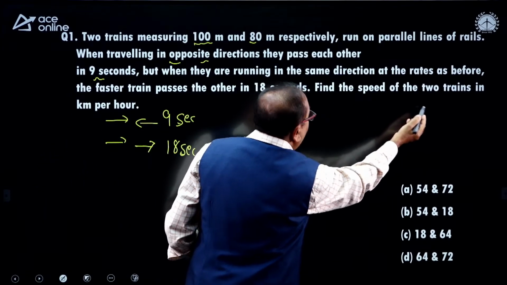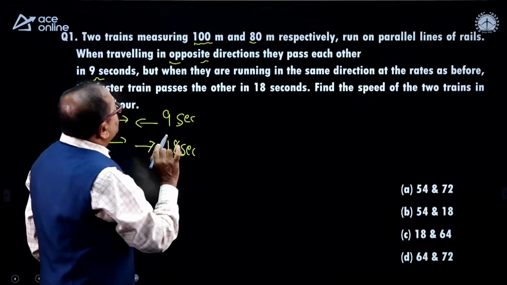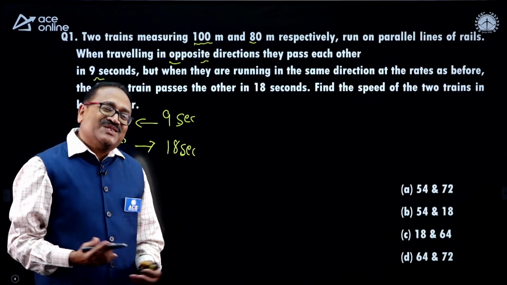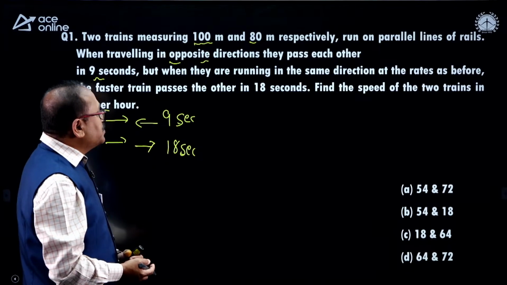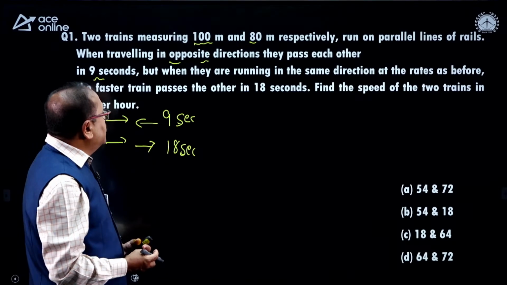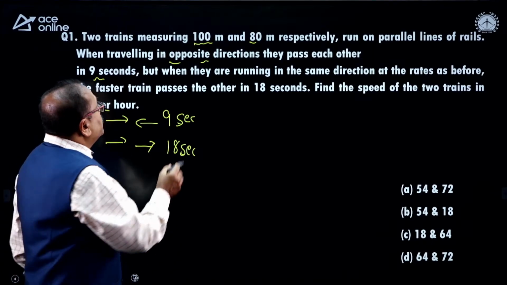Now find the speed of the two trains in kilometers per hour. So I need to find out the speed of the trains. Hope you understand this question. I don't know what the speed of the trains is, but what I know is the length.